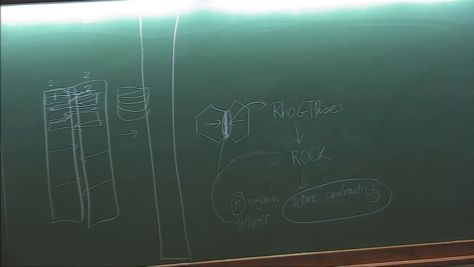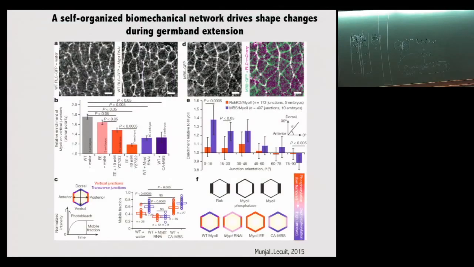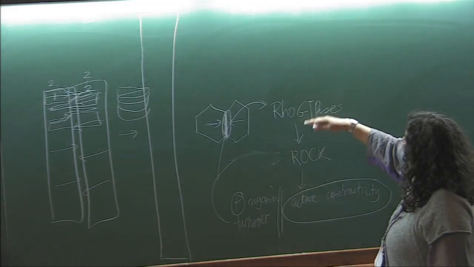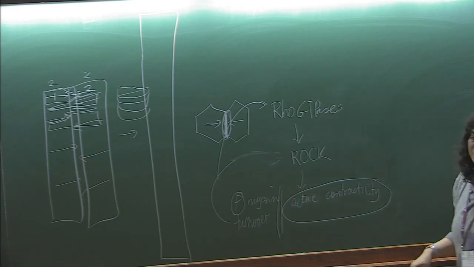So again, I just want to highlight the fact that in addition to influences that are coming from gene regulatory networks and regulators of the cytoskeleton, properties of the cytoskeleton itself, in particular, the activity state and turnover rates of myosin can feed back to influence steps upstream in this process.